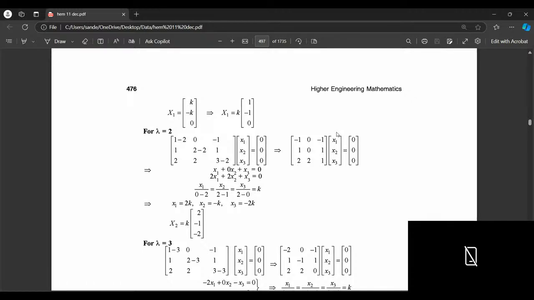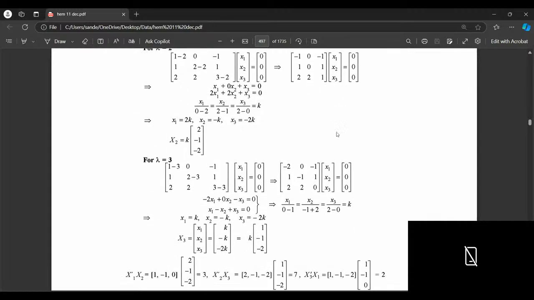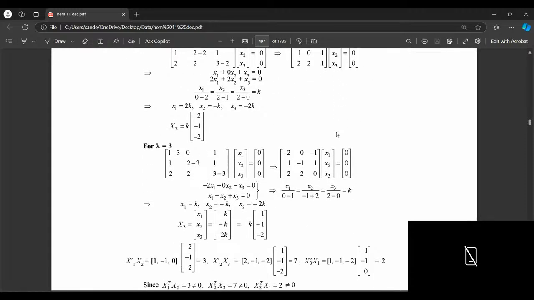Now similarly we find for lambda equal to 3. If we put lambda equal to 3, you will again get three equations, and all three equations are different here.